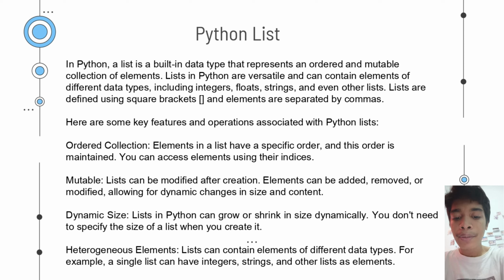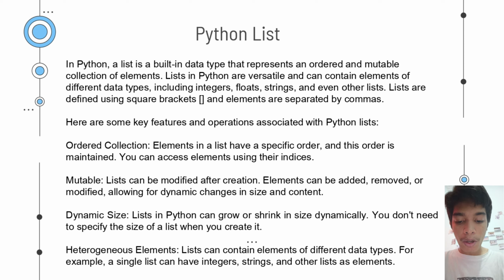Python lists can hold elements of different data types, including integers, floats, and strings.